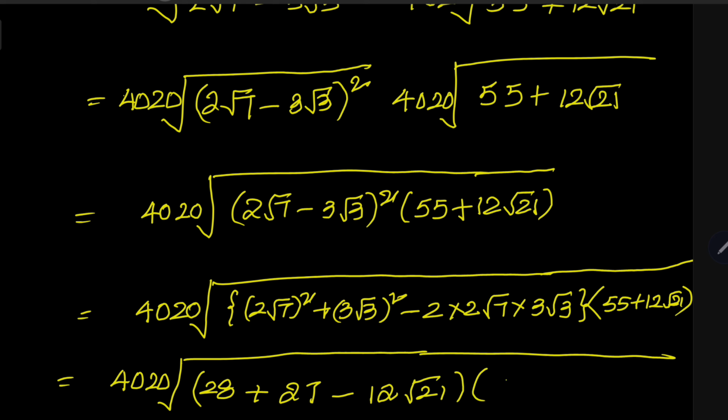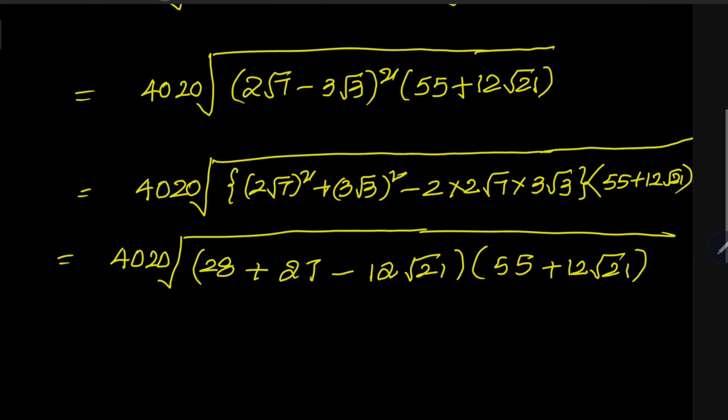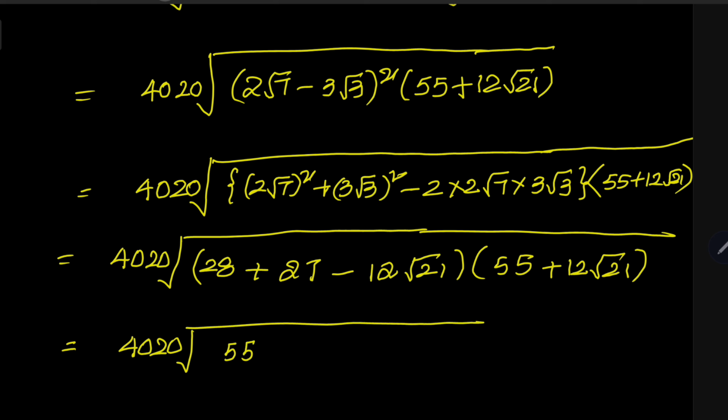That I need to multiply with 55 plus 12 root 21. Now let's go to the next step and try to write it as the 4020th root of, what is 28 plus 27? 55. (55 minus 12 root 21) multiplied with (55 plus 12 root 21).